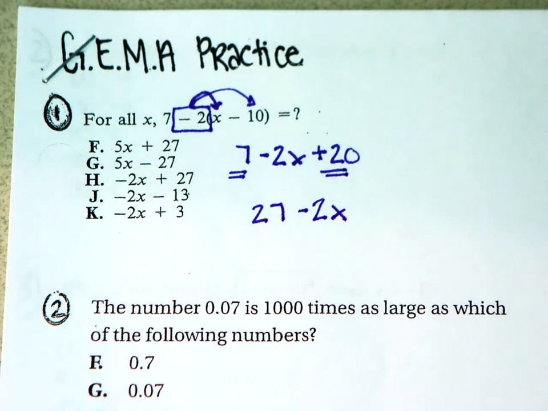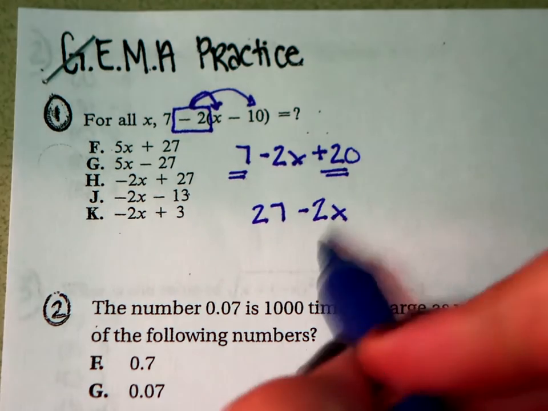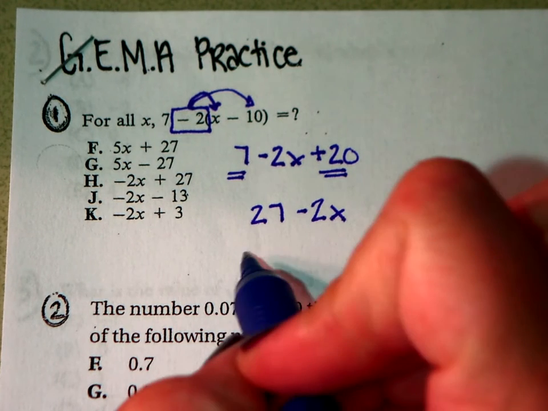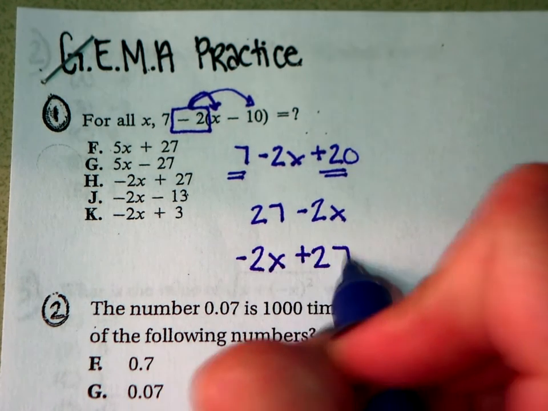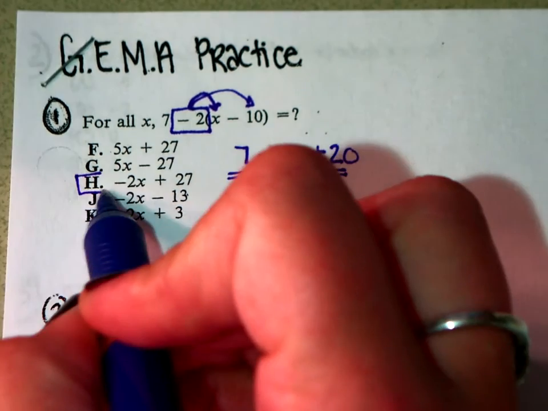Looking at my answer choices, I should notice that the x value is listed first, and that's okay. Just because I don't have x listed first doesn't mean I did it wrong. It just means I need to move it around. So I'm going to flip these, put the -2x first and bring down the positive 27 for an answer of H.